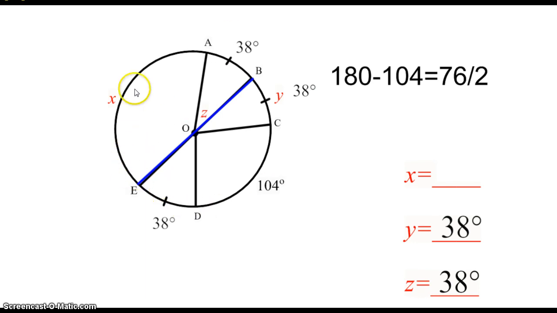Or I could just say this upper half has to be 180. And I know that this is 38 already. So I'm going to subtract 180 minus 38, and I get that X is 142 degrees.